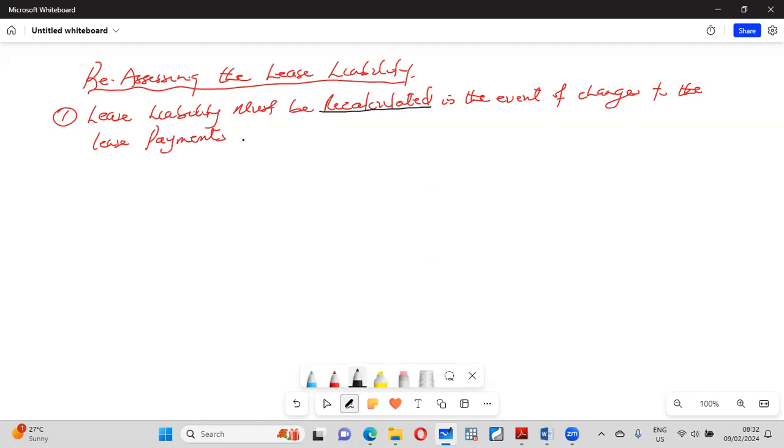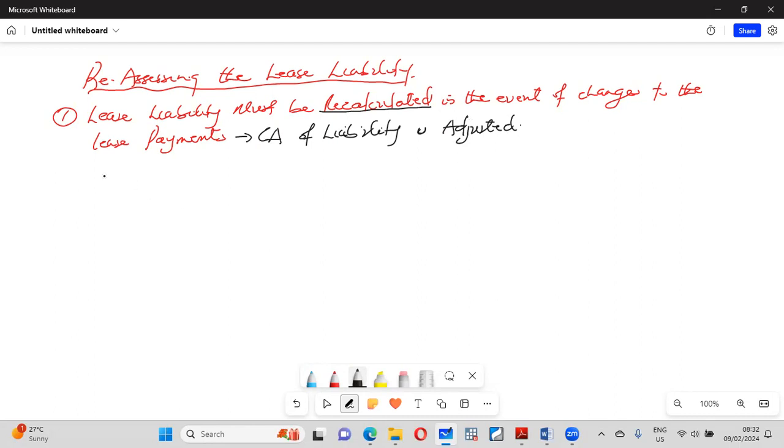And when you do that, you realize that the carrying amount of the liability is adjusted. Now, what then happens?